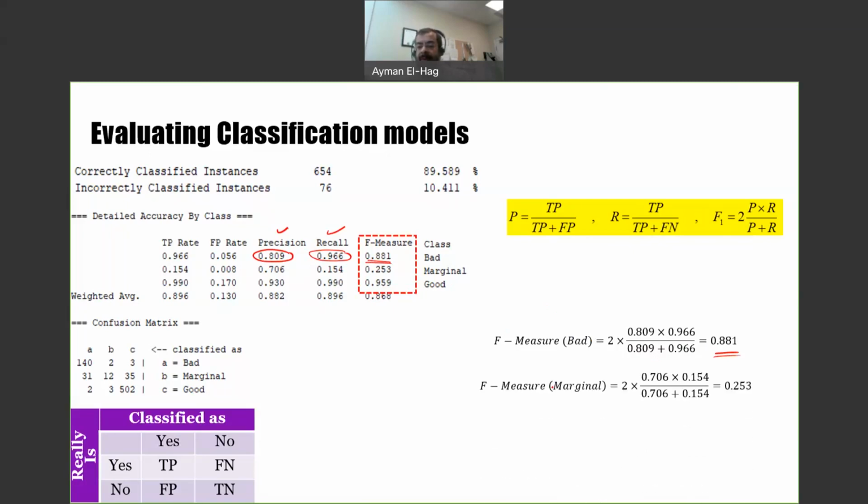The F measure for the marginal and the F measure for the good. So if you want to find one number that somehow includes both the recall and the precision, it is the F measure. So this is a general view about the different metrics we use to quantify the efficiency of different classifiers. Thank you for joining me, and looking forward to meeting you for more presentations.